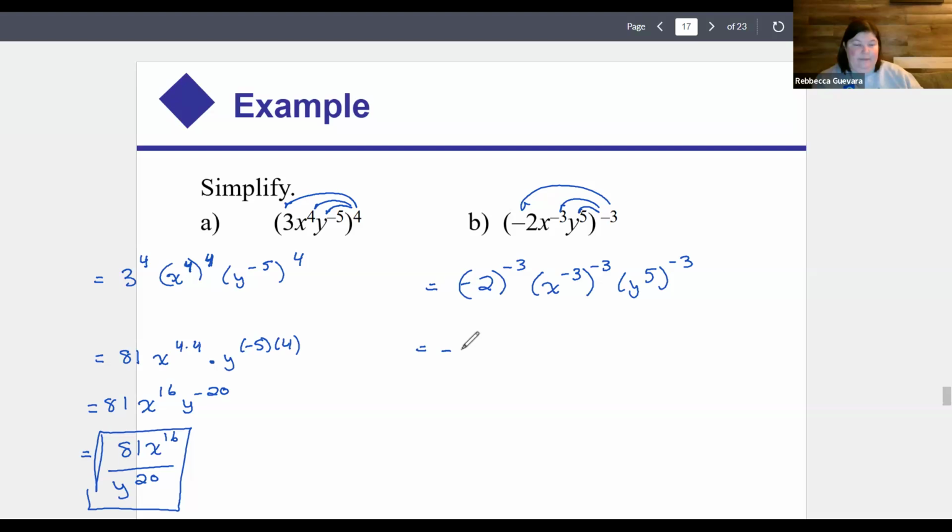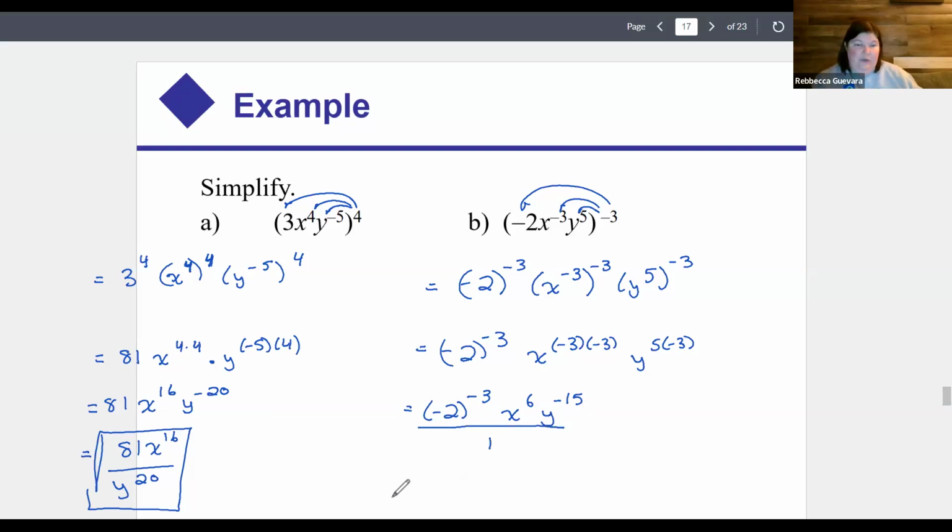So here we have x to the negative 3 to the negative 3 because we're going to multiply those exponents. We have y to the 5th times the negative 3 because we're multiplying these exponents. So I still have negative 2 to the power of negative 3, x to the 6th, y to the negative 15.